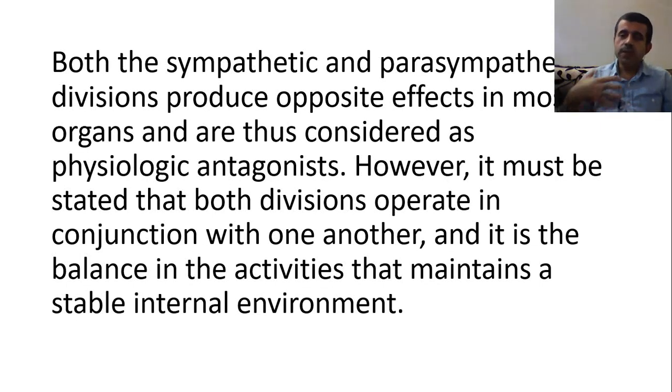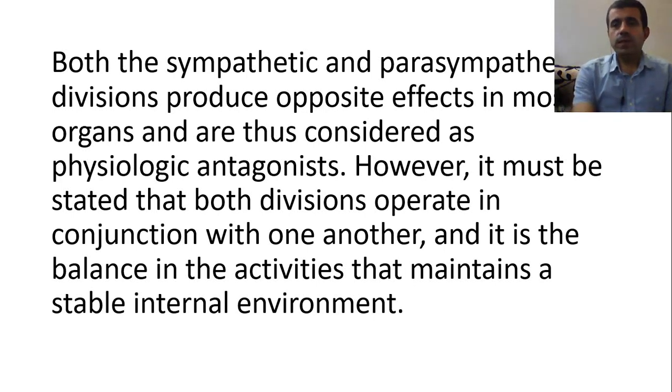So these are autonomic nervous system supplying these organs inside our body. There is sympathetic nerve supply to the heart and other organs, and at the same time parasympathetic nerve supply to our organs, and they are acting in a balance.